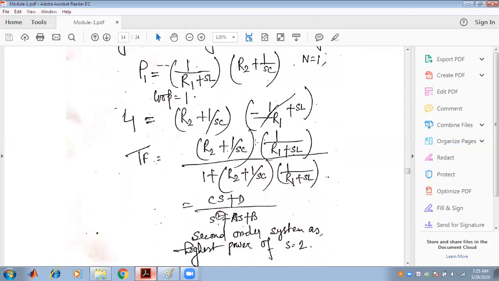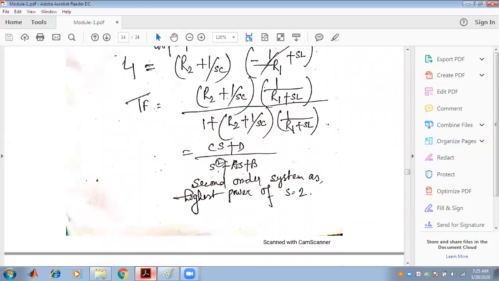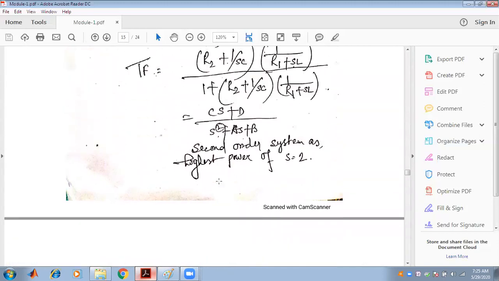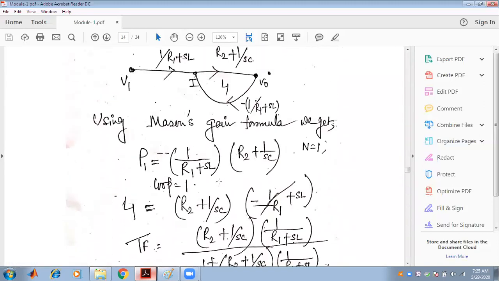To find the transfer function, just put in Mason's gain formula, and we will find that the transfer function can be written in the form of Cs plus D divided by S square plus As plus B. The highest power of S is S square, so it is a second order system.